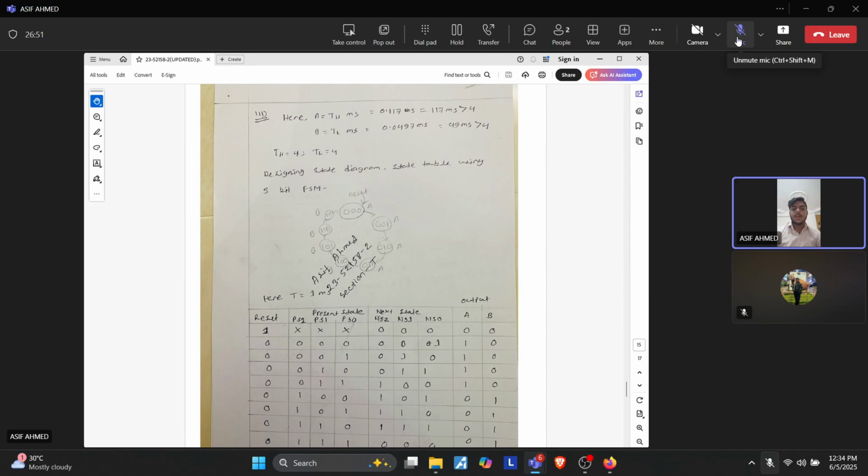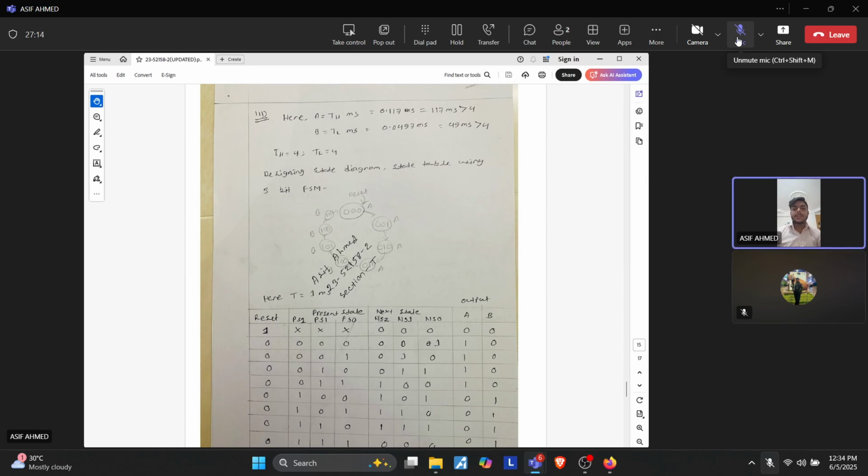The output should remain on for TH milliseconds and off for TL milliseconds. However, for this task, both TH and TL are limited to a maximum of 4 milliseconds, and each state lasts for 1 millisecond.